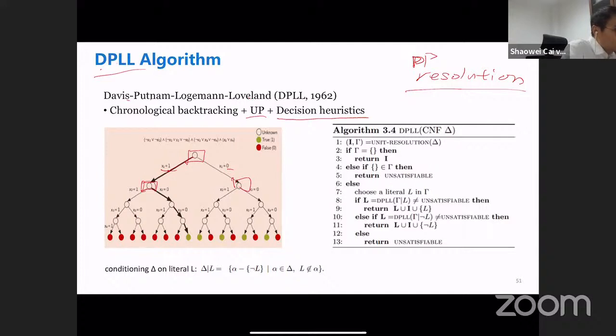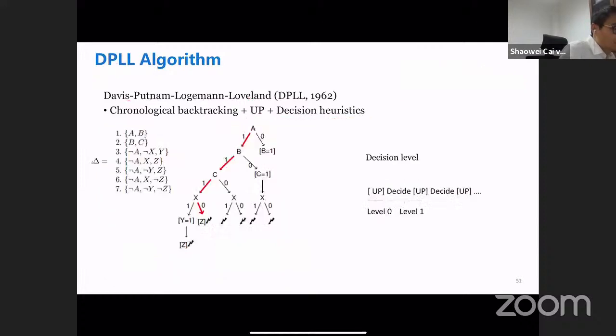If for at least one of the subformulas we find a model, a solution, then we can find a solution to the original formula. But to prove unsatisfiability, we must prove the other branch has no satisfying assignment. Okay, so this is a typical backtracking framework of DPLL.